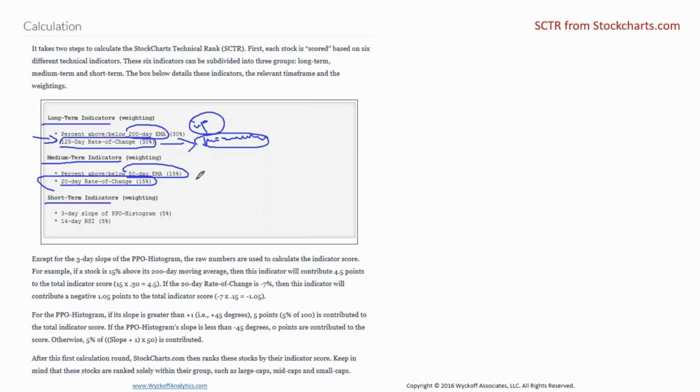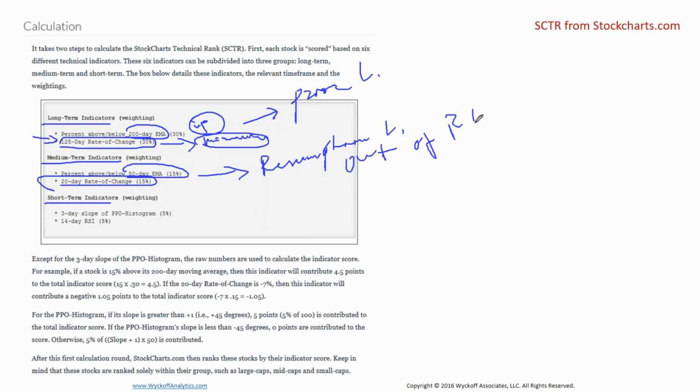So we want to come in and establish a prior leadership and then establish a resumption of this leadership out of reaccumulation. And then more on the short-term basis, this is all about points of entry. This is identifying that entry bar, so to say.